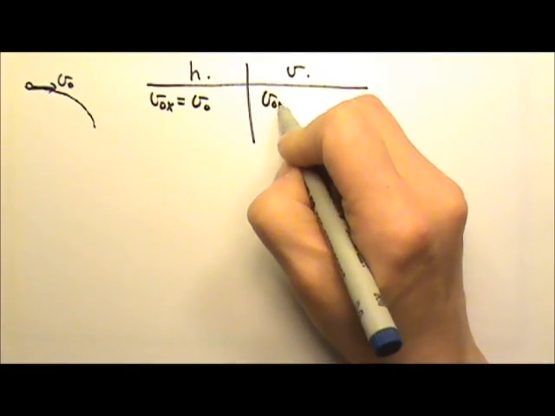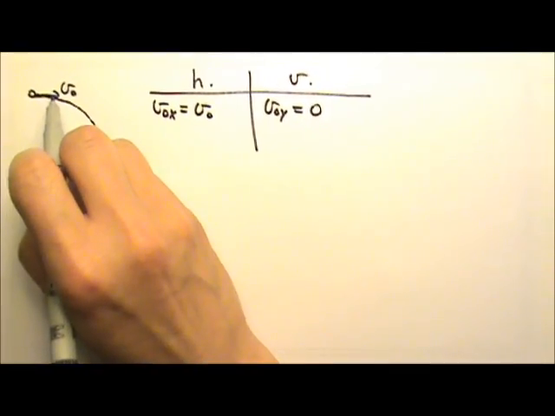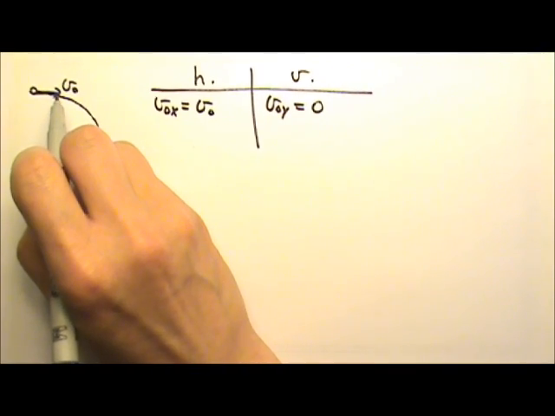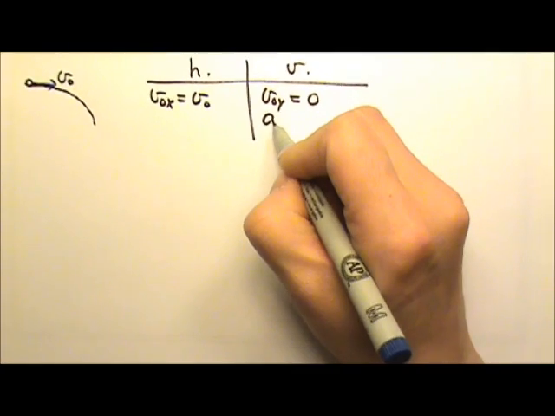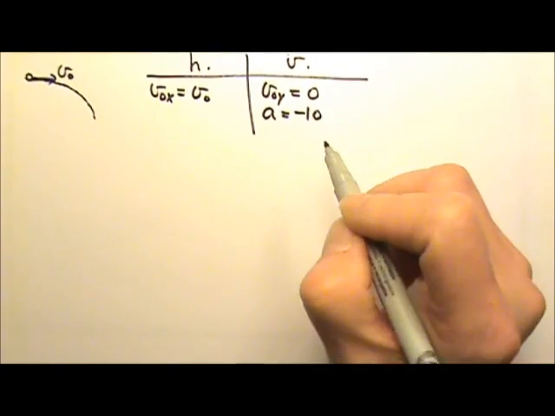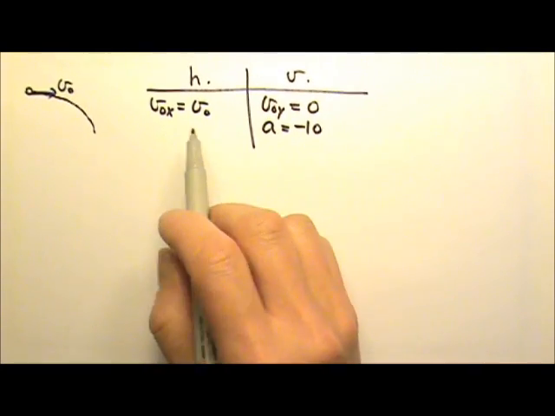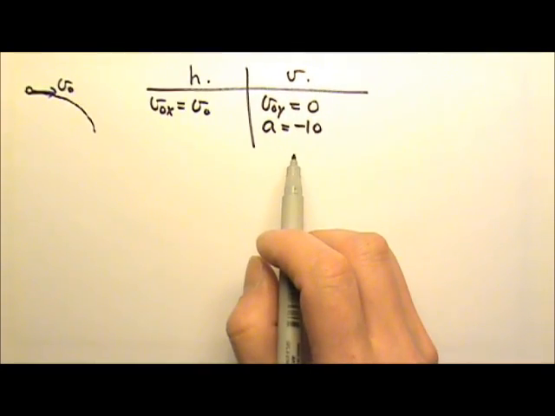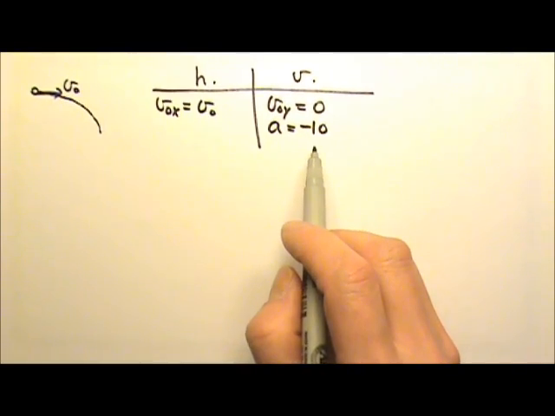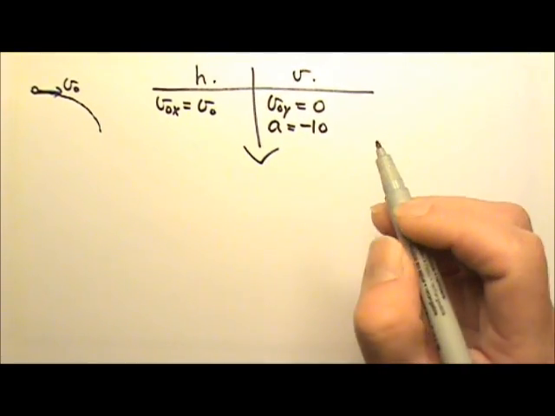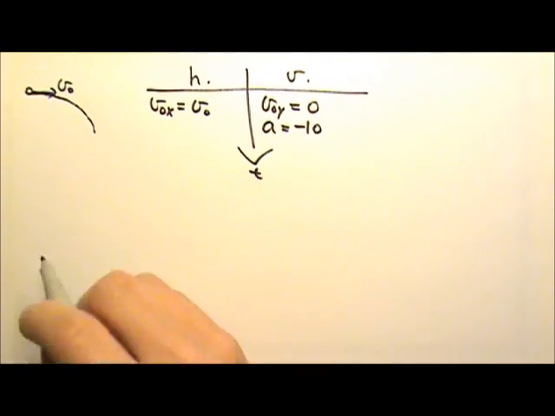The initial velocity in the vertical direction is 0, because this horizontal velocity does not have any components in the vertical direction. And of course, the acceleration on the vertical side is negative 10. Depending on the problem, you just have to list the variables on the appropriate side and use the appropriate equations. Please make sure that you do not mix up the horizontal and the vertical sides. What's the same on the two sides? It's the time. That's the only thing you can use on both sides.